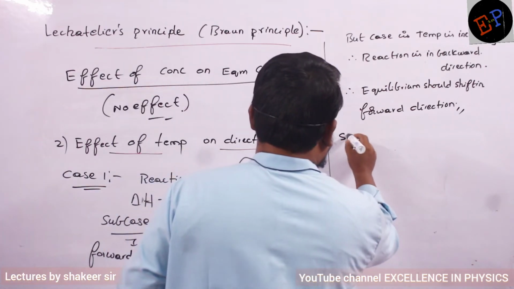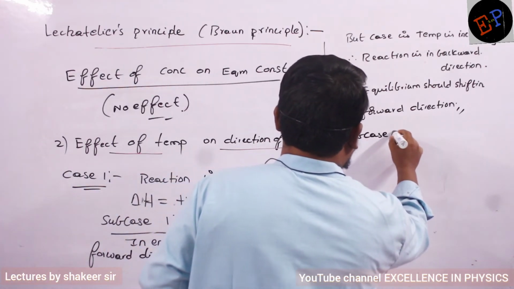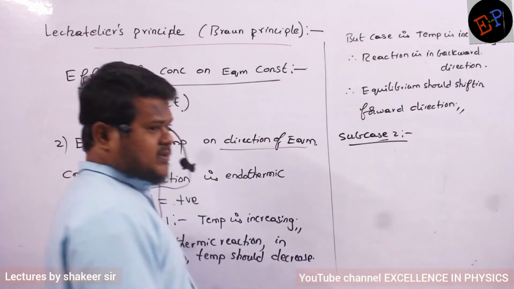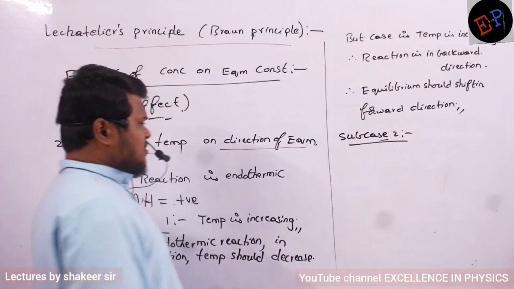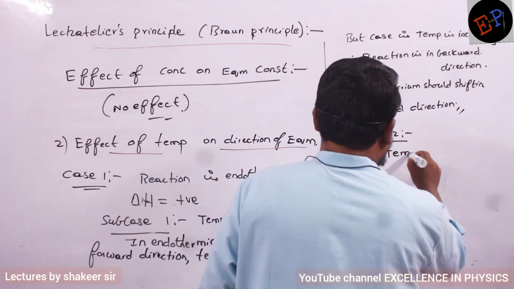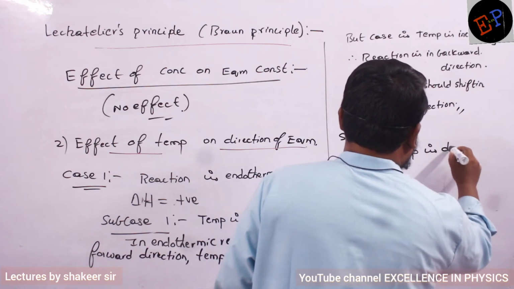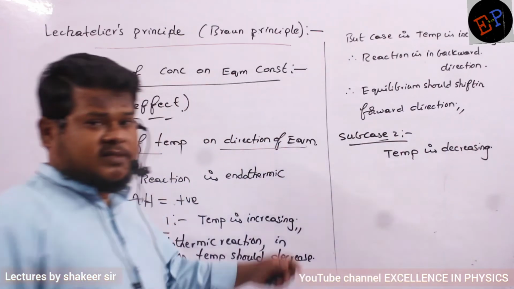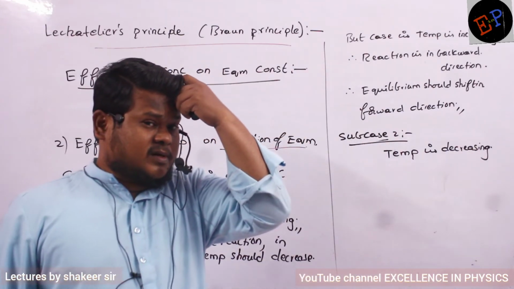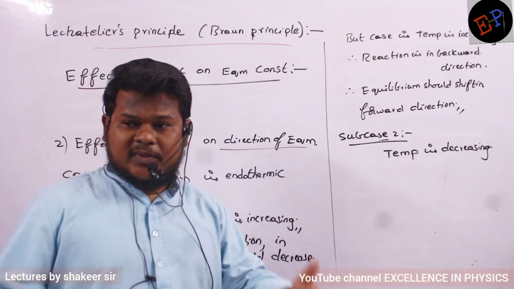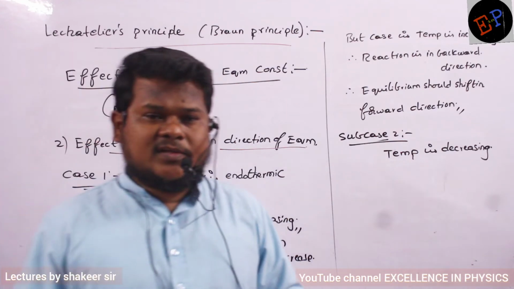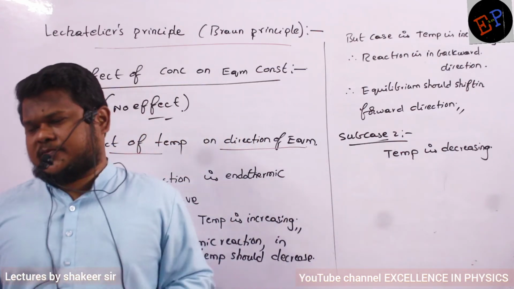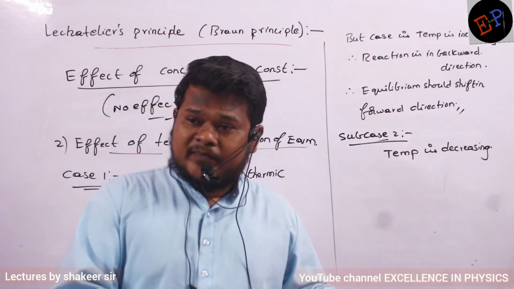So, what is subcase number 2? Subcase number 2, just the opposite of it. Temperature is decreasing. So, if temperature is decreasing, what is the meaning of this? Is the reaction forward or backward? In endothermic reaction, as the reaction progresses in forward direction, temperature reduces because it is absorbing heat energy.